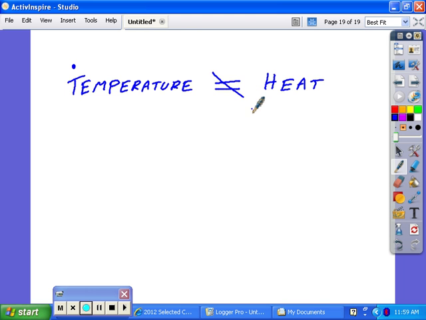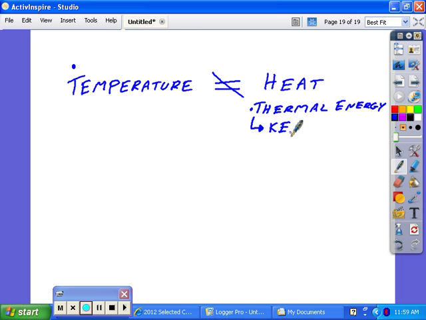Basically, when you're talking about heat, you're talking about the amount of thermal energy contained by an object. All right, now that thermal energy is in essence the amount of kinetic energy of the individual particles.